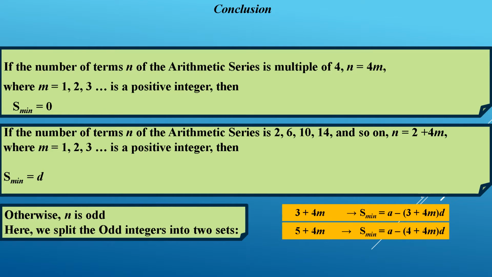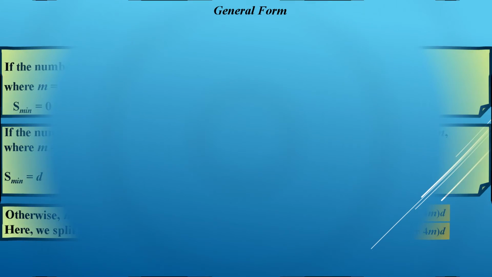The second possibility, if n is odd and equals 5 plus 4m, then the minimum sum will be equal to that expression. So all of those we concluded from our previous calculation and analysis.